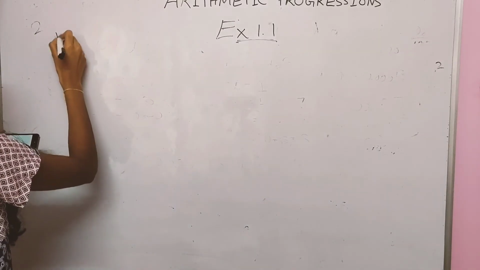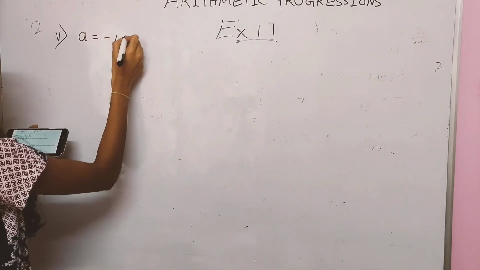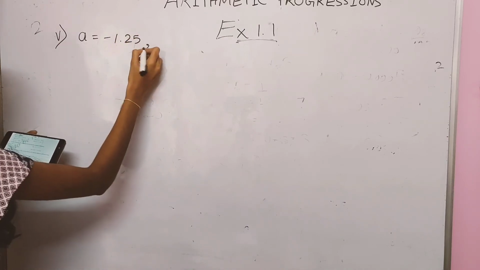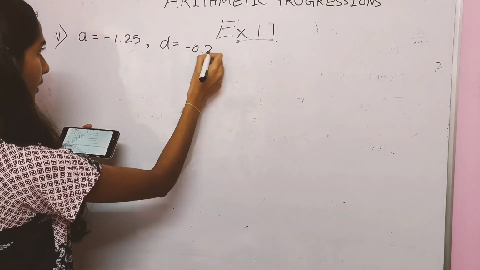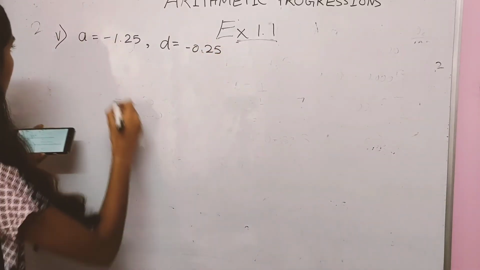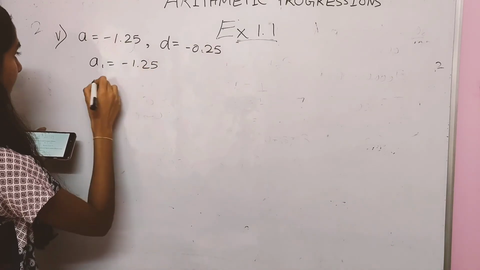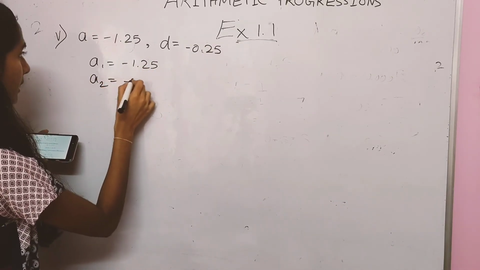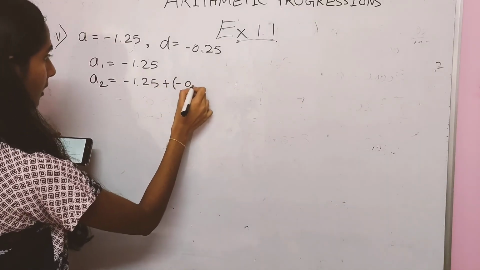Fifth one. First term is -1.25 and common difference is -0.25. First term -1.25, second term -1.25 plus the common difference -0.25.